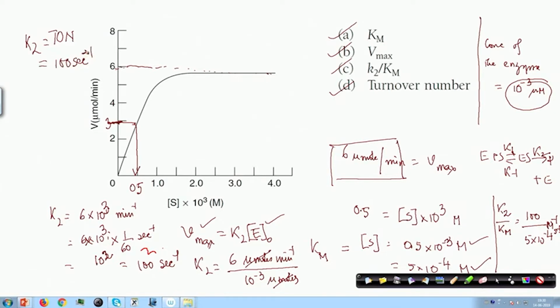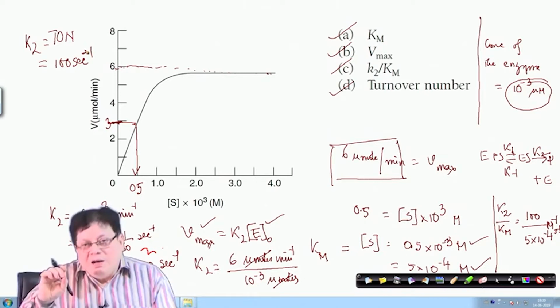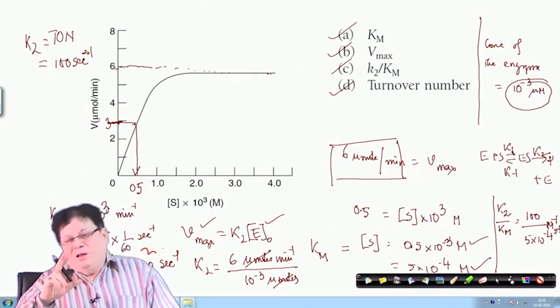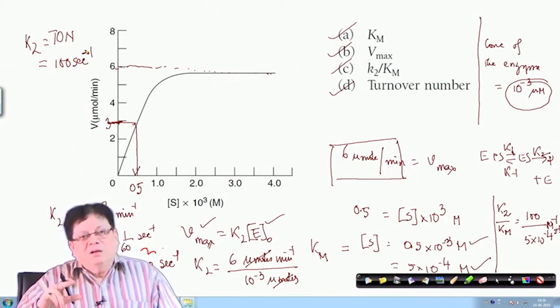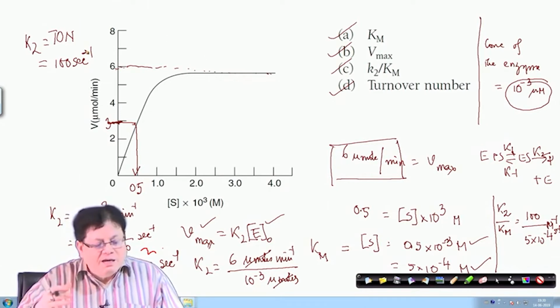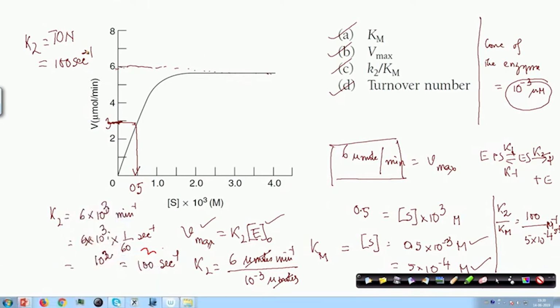So, what does it mean? That means in 1 second 100 molecules of the substrate are converted into the product by a single molecule of the enzyme. However, there is one assumption here, that the enzyme has only one active site for the substrate. Again, remember, turnover number is the number of substrate molecules turned over into the products per unit of time, in this case second.